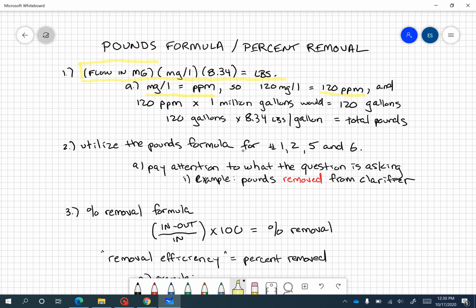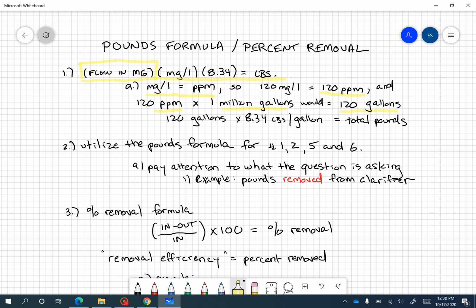And so that's why when you plug numbers into this formula, we need to convert flow into million gallons. Because when we do that and multiply it by parts per million, hopefully at this point you realize that 120 parts per million times 1 million gallons would mean that you would have the equivalent of 120 gallons. 120 parts per million times 1 million would give you 120 parts.